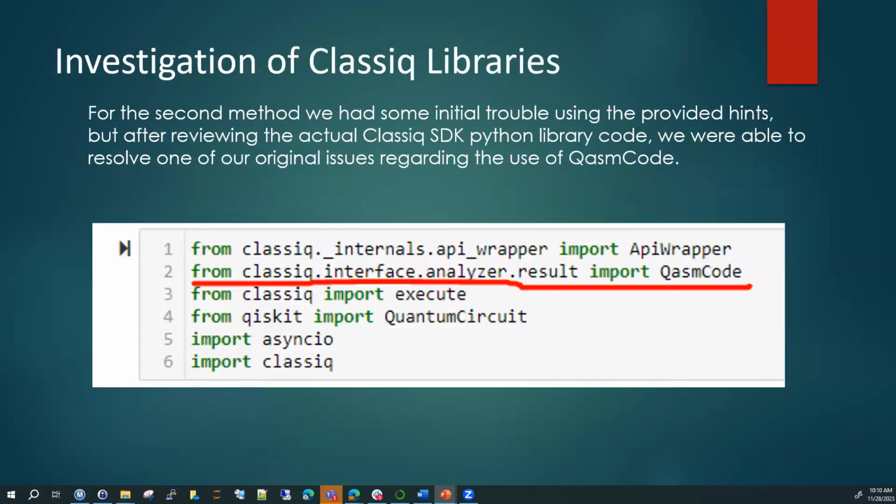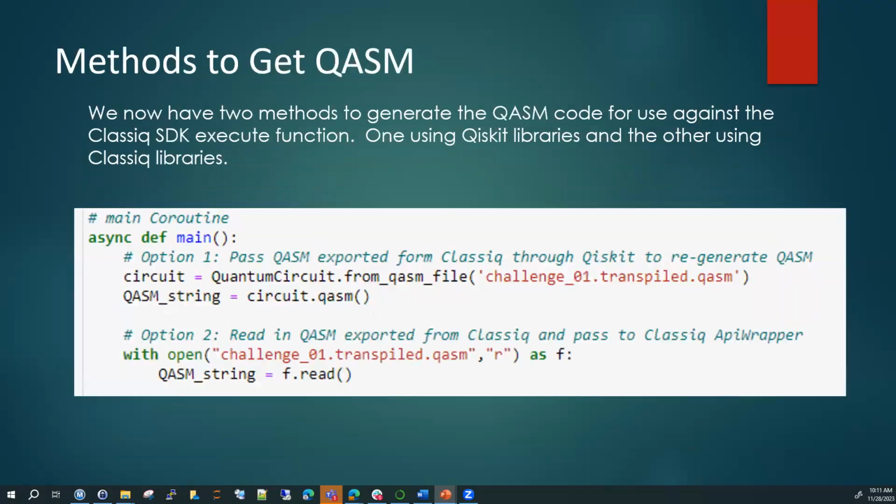There was an issue that we had initially, but we were able to overcome that. We actually had to look at some of the Classiq code and search for some information. Again, since there's not very much documentation, we pulled down the libraries and started looking through them. These are standard Python libraries for the Classiq SDK. As mentioned, we have two methods to get QASM. This particular file, for example, was from challenge 1 of the bootcamp.